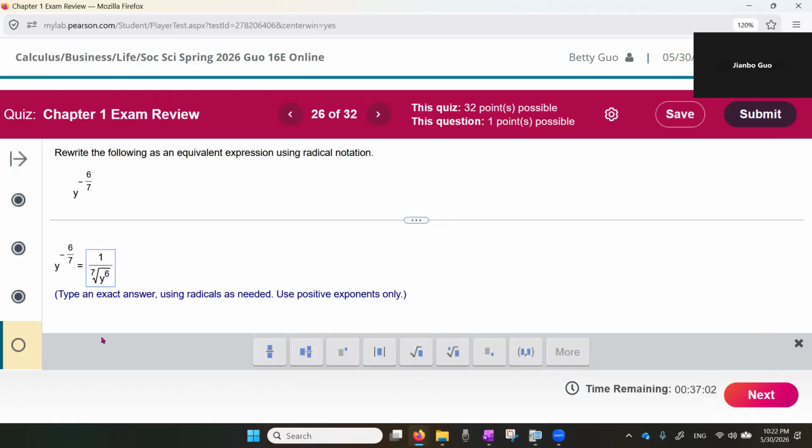In this one, we first remove the negative exponent by taking the reciprocal, 1 over. The denominator is going to be y to the positive 6/7. And 7 goes here, 6 goes here.